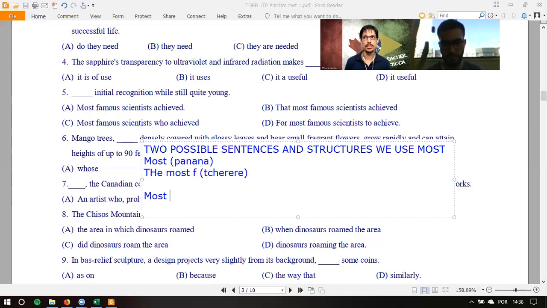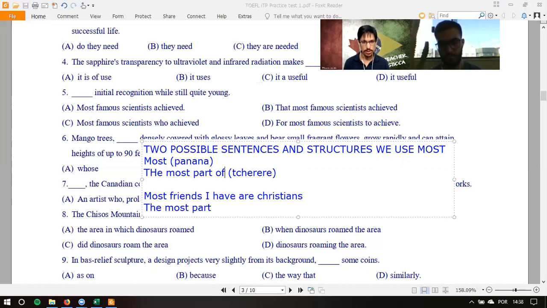Let me just put it in a sentence because I cannot use the superlative. Most friends I have are Christians. Or, the most part of my friends are Christian.